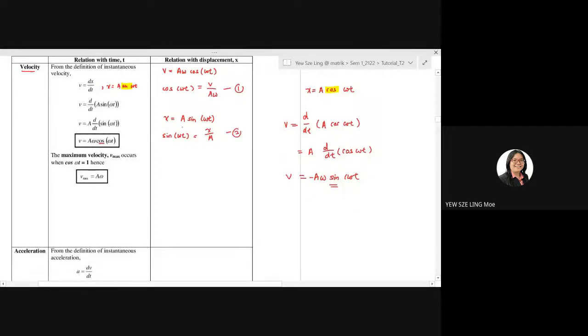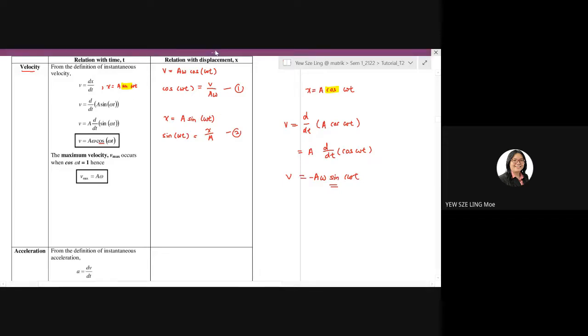The reason why I use these two different equations is because if you look at equation one, it has nothing to do with x. There's no equation involving x. So what am I going to do? I need to link it with x. So I use x equals to a sine omega t, rearrange it, and obtain sine omega t equals to x over a.